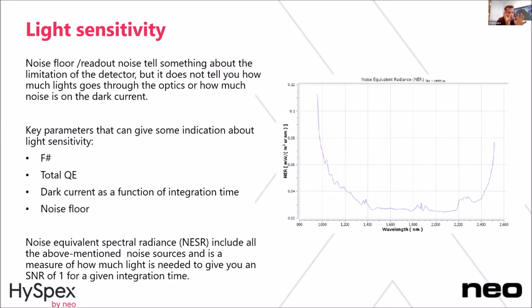But there is one measurement that tells you all this in one graph, and that is noise equivalent spectral radiance. It tells you what light source you need to look at to get a signal to noise ratio of 1, as a function of wavelength, in radiance units. It's a very useful graph to evaluate how sensitive your system is.